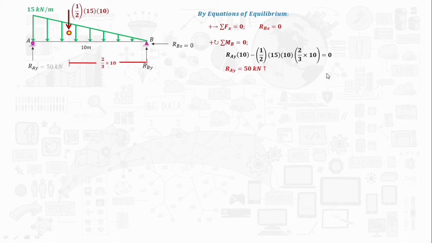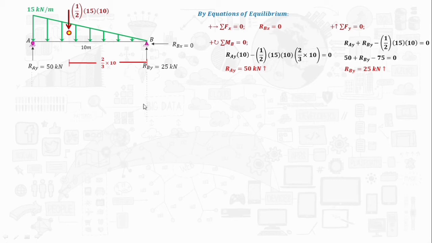Then, sum up forces along y-axis. Ayan. So, makukuha natin si RBY, which is equal to 25 kilonewton in upward direction. So, masosolve na natin or madodraw na natin si shear diagram. Draw tayo ng line dyan, draw tayo ng line dito.